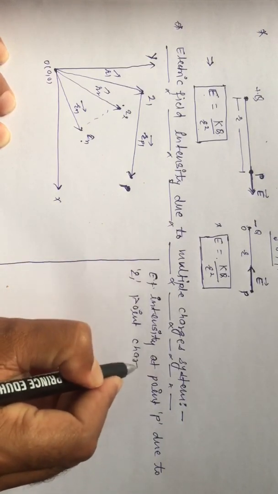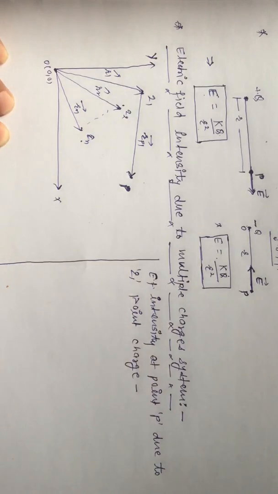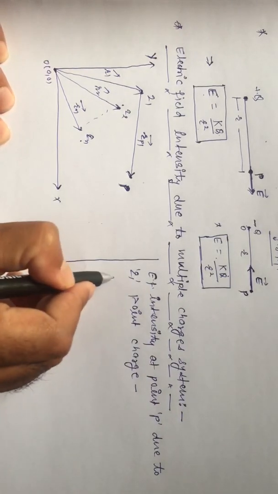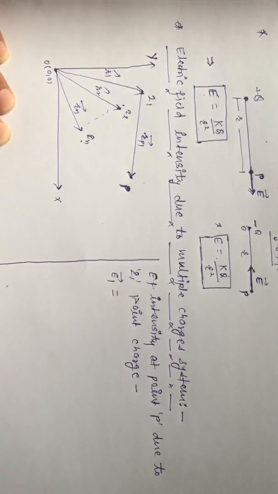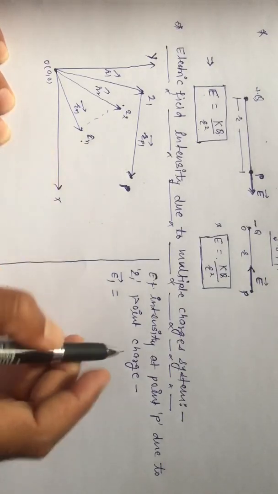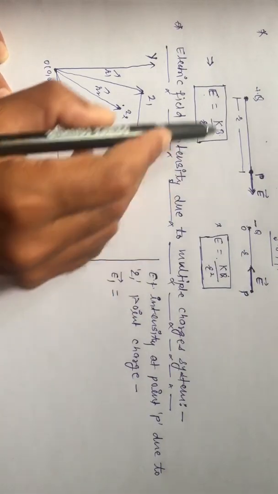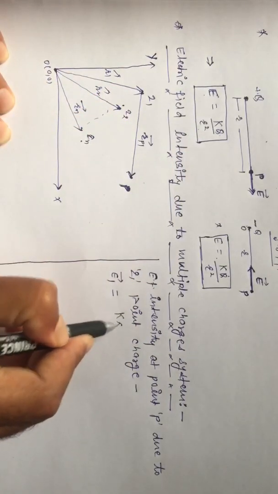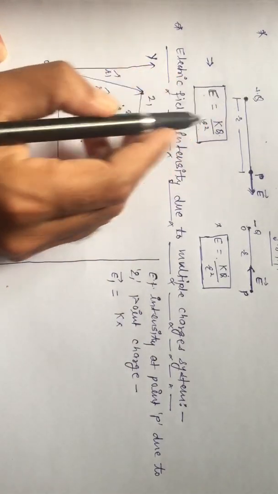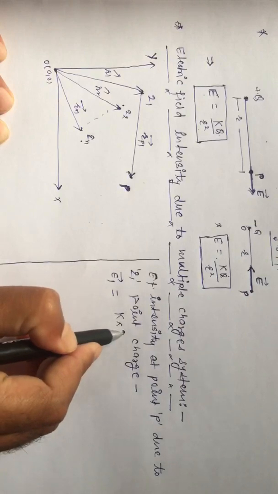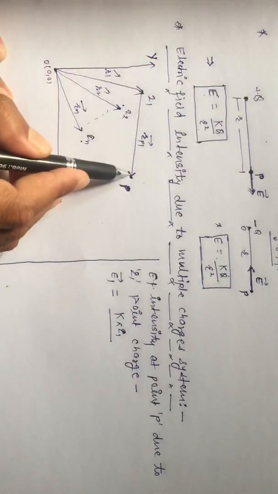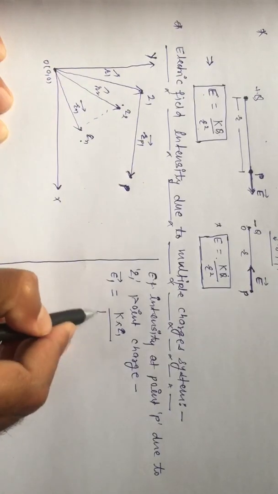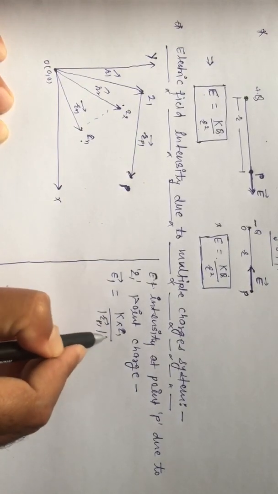At point P due to Q1 point charge, the electric field intensity E1 vector will equal, tell me, what is the electric field intensity at point P? According to the formula kQ upon r square, in the place of capital Q charge, here the Q1 charge, kQ1 upon, and the distance is not r. In this case, the distance is magnitude of rp1, magnitude of rp1 square.